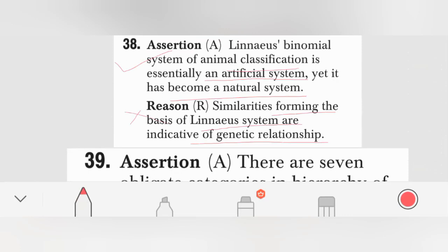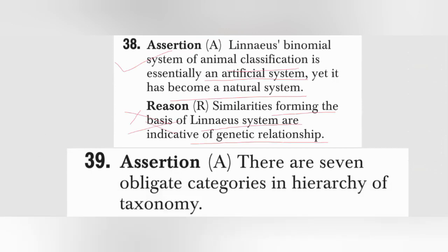Why? Because the binomial system of animal classification given by Linnaeus is an artificial system, as it is based on locomotion, type and the absence of chlorophyll, and it doesn't show the genetic relationship or the phylogeny. That's why it is considered as false.